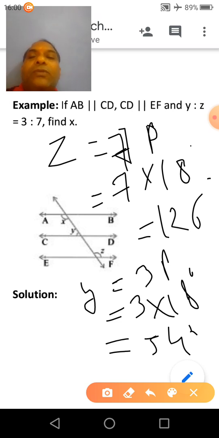So Y is equal to 54 degrees and Z is equal to 126 degrees. Clear? We have to find X.